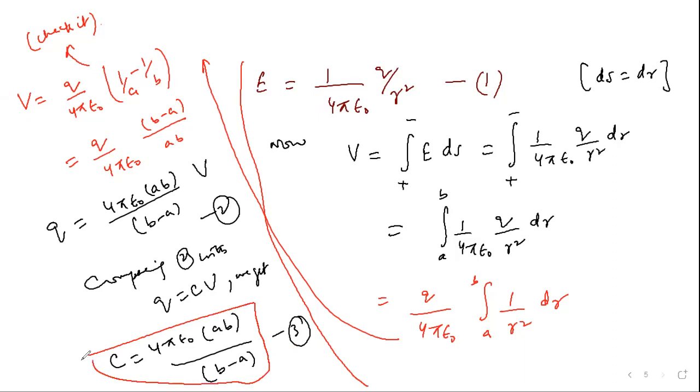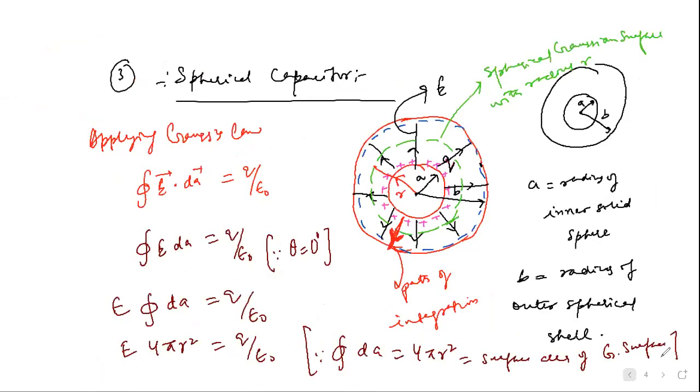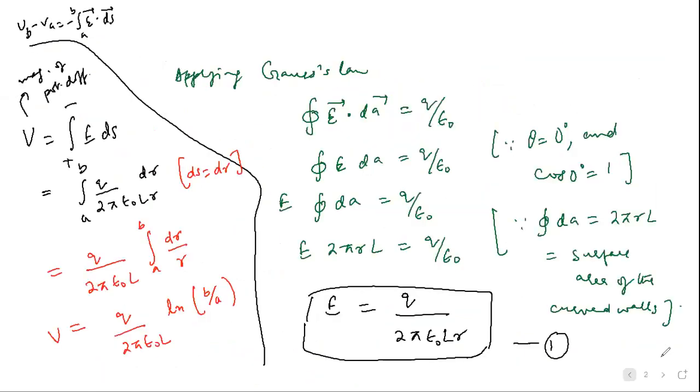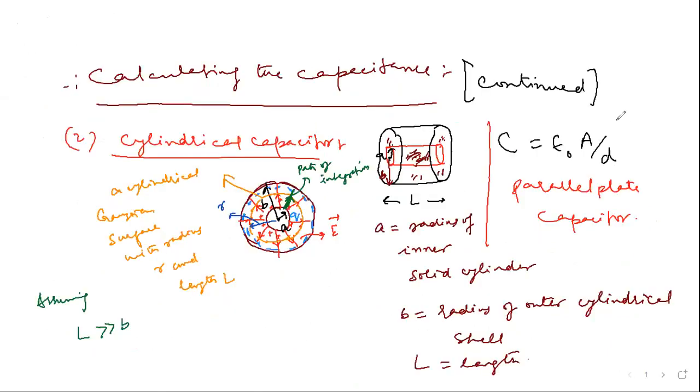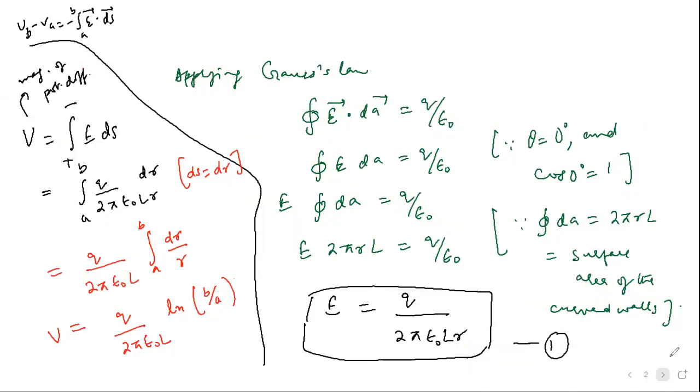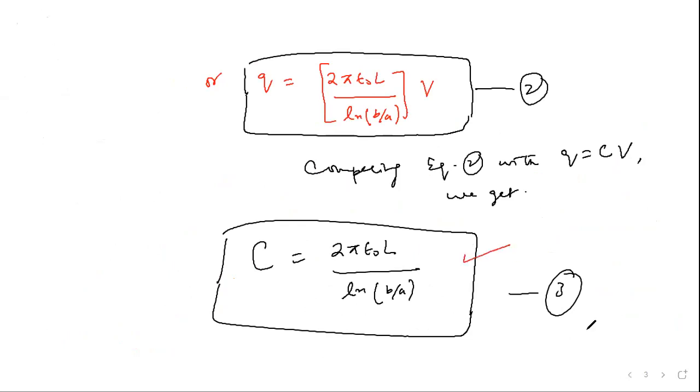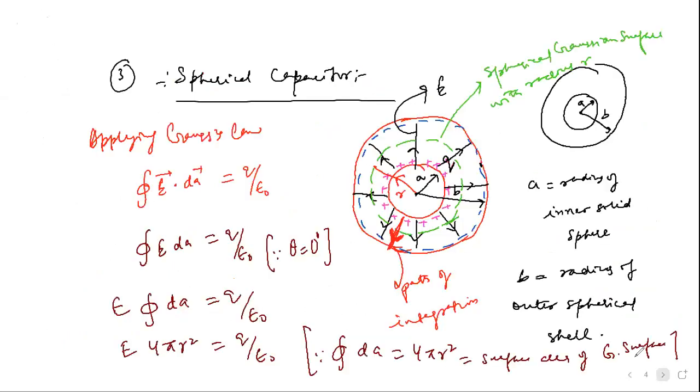So if I have a spherical capacitor with inner radius a and outer radius b, and there is vacuum between the plates, then its capacitance is given by 4 pi epsilon naught ab by b minus a, where a is the inner radius and b is the outer radius. We calculated the capacitance for a parallel plate capacitor first, then cylindrical capacitor, and now spherical capacitor.